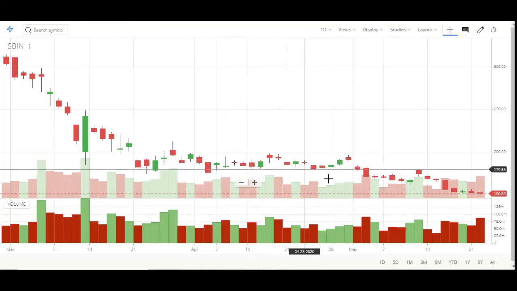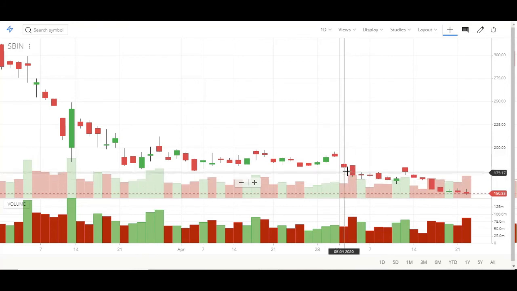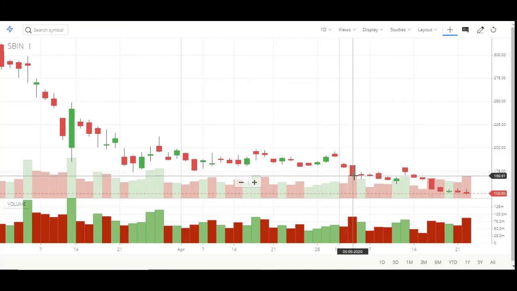Here is one more example. Again a bearish Marubozu candle formed on the 5th of May. The open and high price of this candle is the same, and its low and close are almost the same. A normal trader can take the trade at 169.50 on the next day.